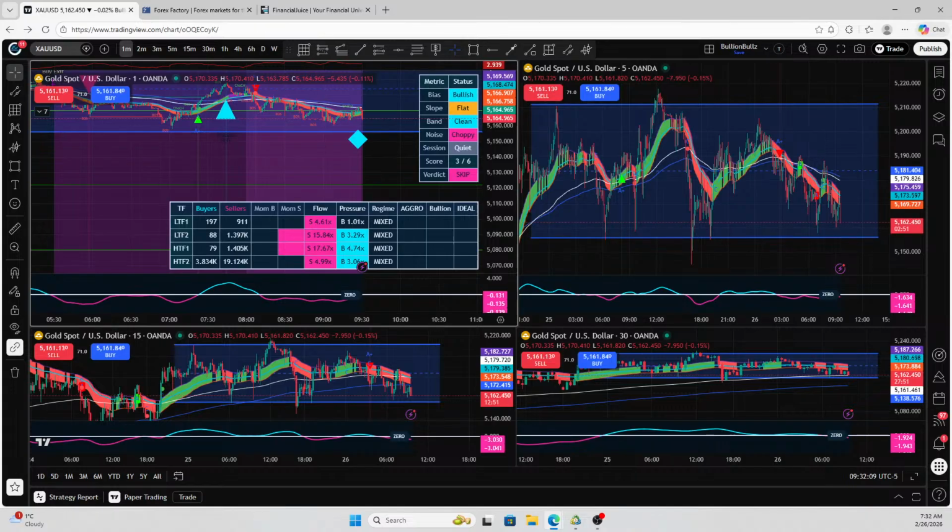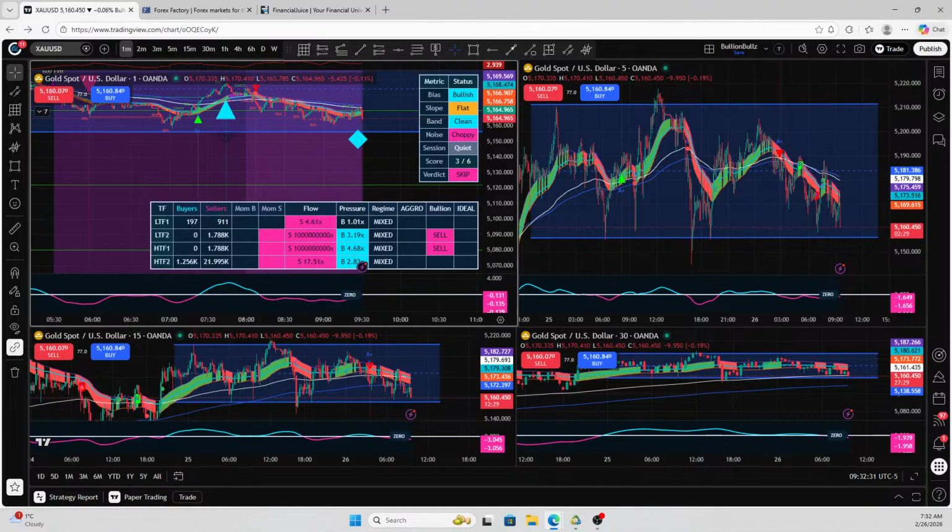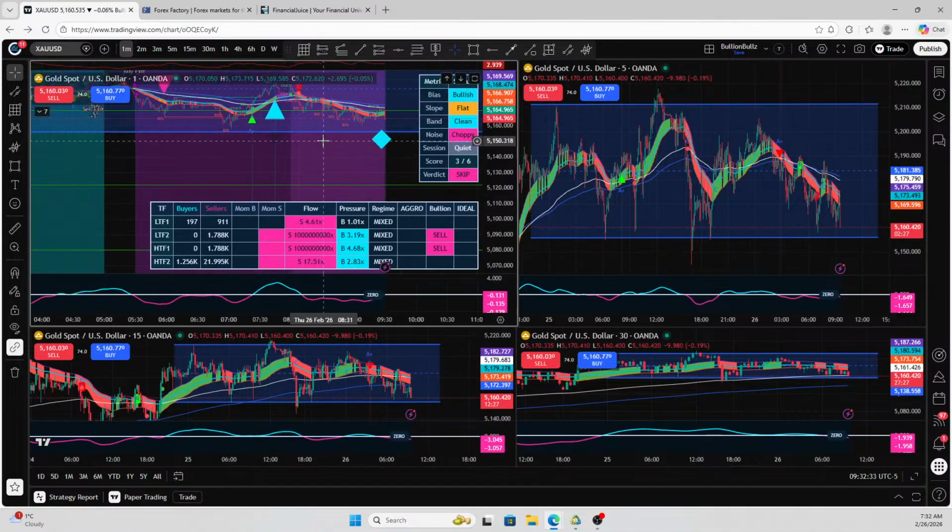The reason we wait for our setup to form is because, as I mentioned, a restricted trader is actually a profitable trader. So let's wait and watch and see what the market holds for us today.